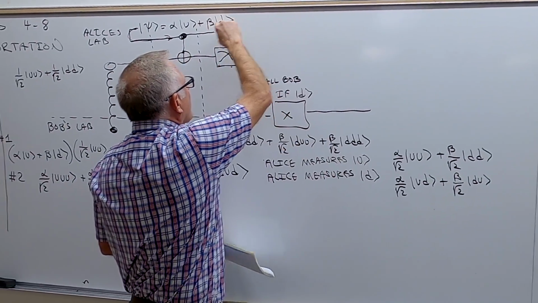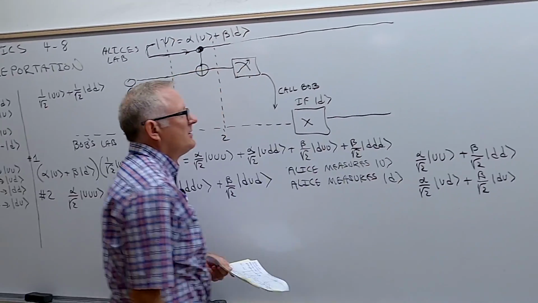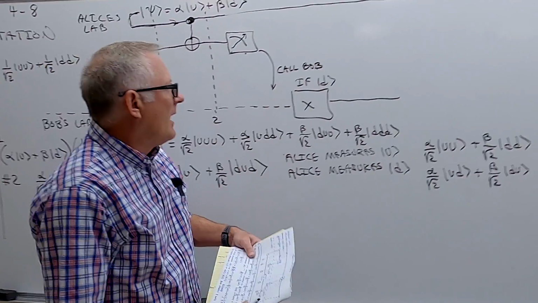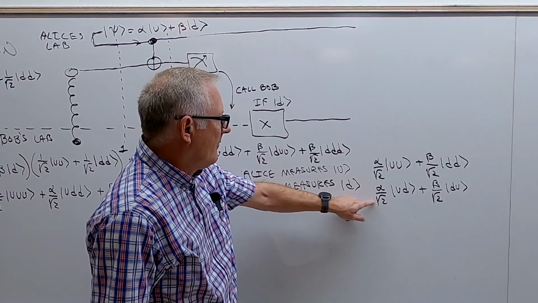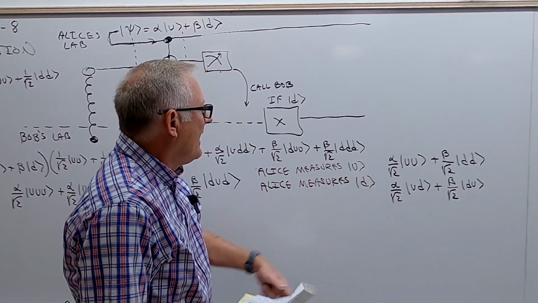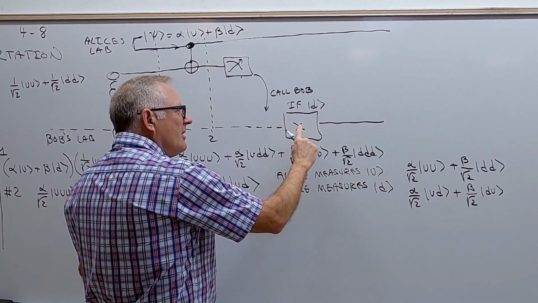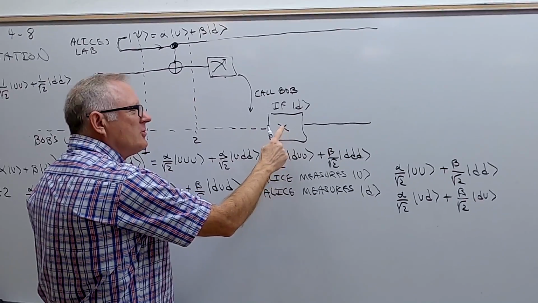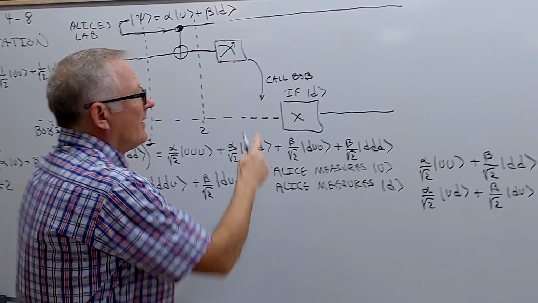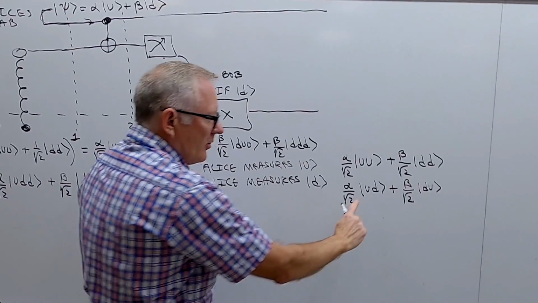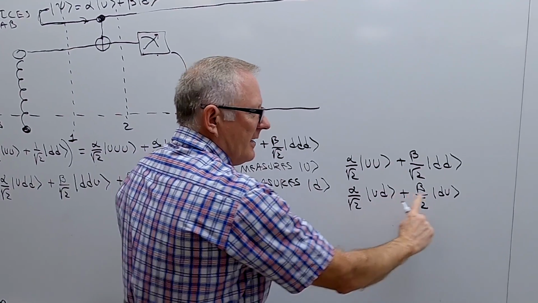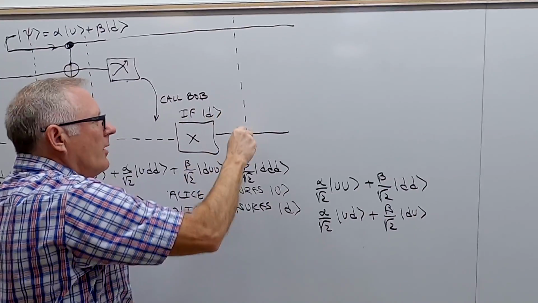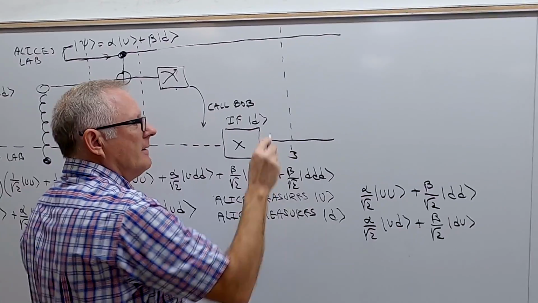This one's gone, we've already measured it away, so we've only got the first and the third one. What would the X gate do? Bob is only going to do it in the case when it's down. He's going to flip, remember that turns ups to downs and downs to ups, but it's only on the third bit, the last one right here. So it's going to turn that into an up, and it's going to turn that one into a down. So right here at this point, we'll call that number 3.